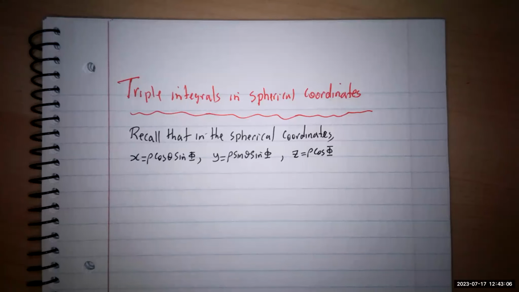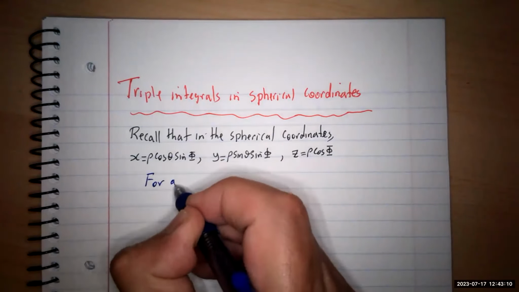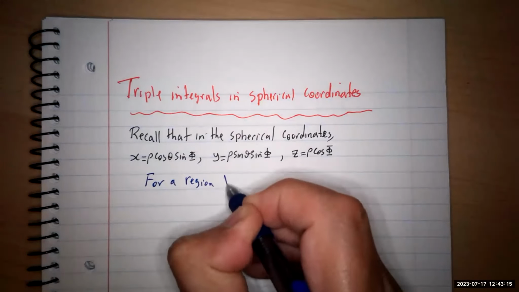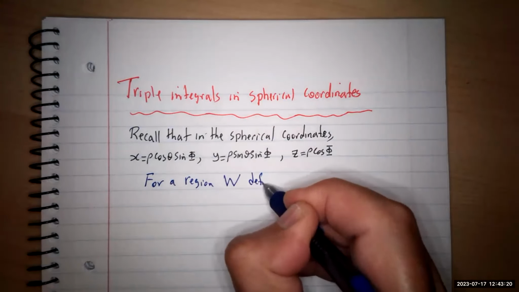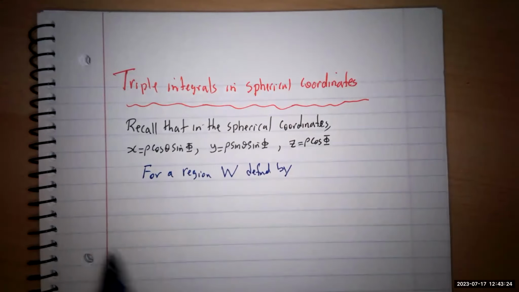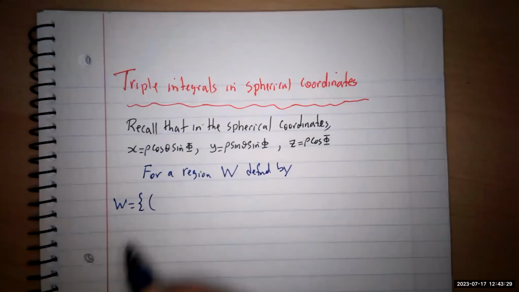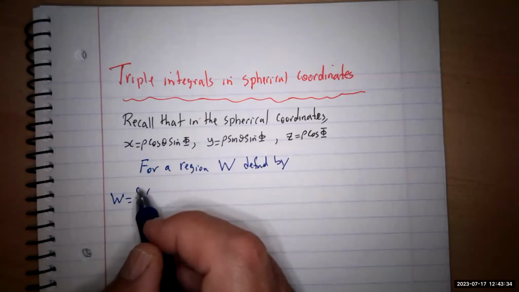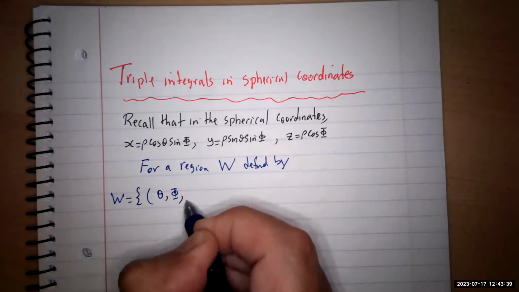So for a given region W, defined by what? This is it. Make sure you have enough space. W is equal to, so the coordinates are going to be, this is the way we write it down: theta, phi, and rho.